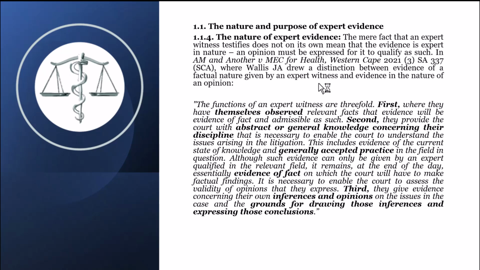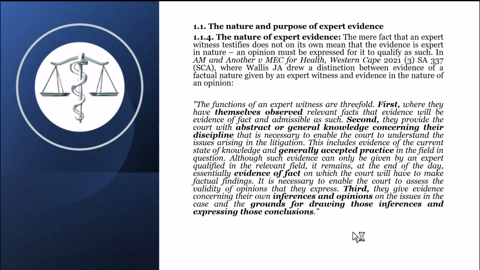Then, third, where experts give evidence concerning their own inferences and opinions on the issues in the case and the grounds for drawing those inferences and expressing those conclusions. So that's where the inferences and opinions sections come in. The court regards the providing of factual evidence by experts as different to opinion evidence by experts. So that is also an important distinction to bear in mind.